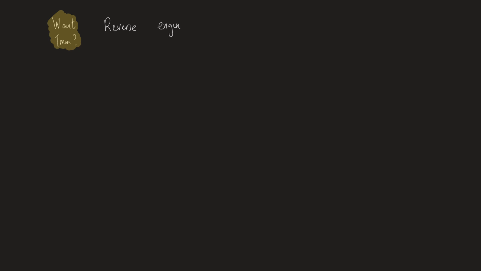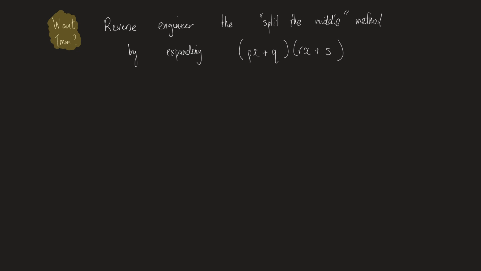So reverse engineer the split the middle method by expanding the slightly general looking product px plus q times rx plus s, and see if you can see that relationship between the factor pairs summing to the x coefficient arising out of your expanded expression.